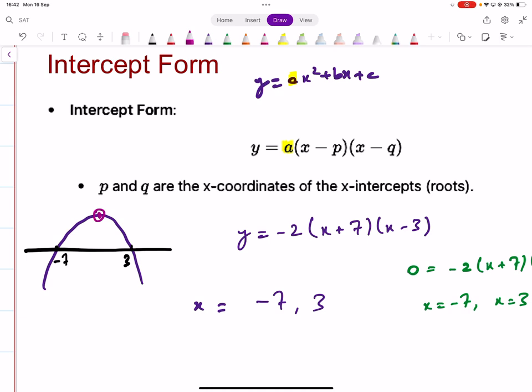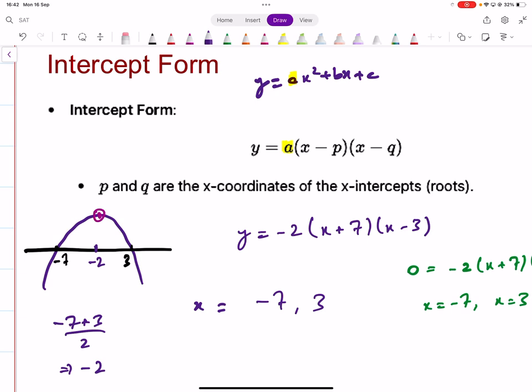What's the midpoint of minus 7 and 3? Just add those two numbers, divide by 2, minus 7 plus 3 over 2, and that gives you minus 2. So the x coordinate of the turning point of this function is negative 2. So if you know the x-intercepts, you can just average them to find the x coordinate of the turning point.